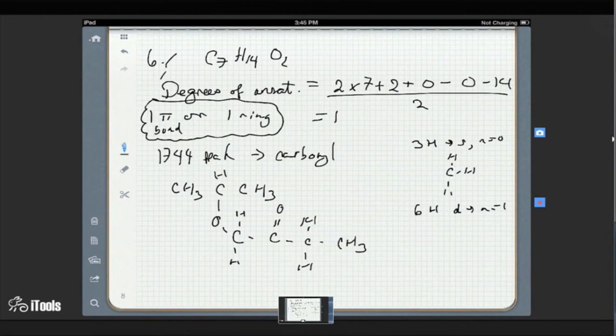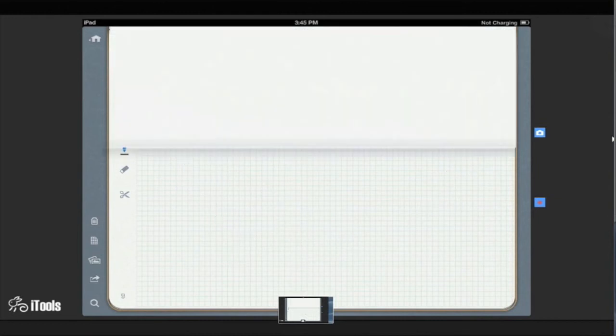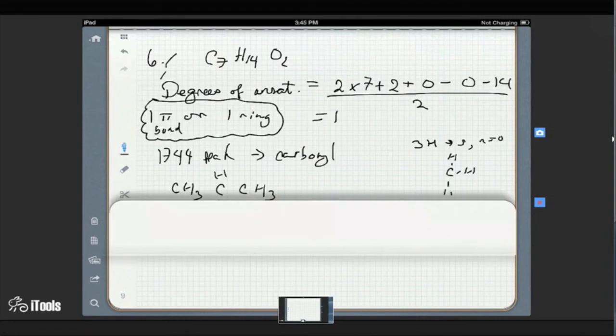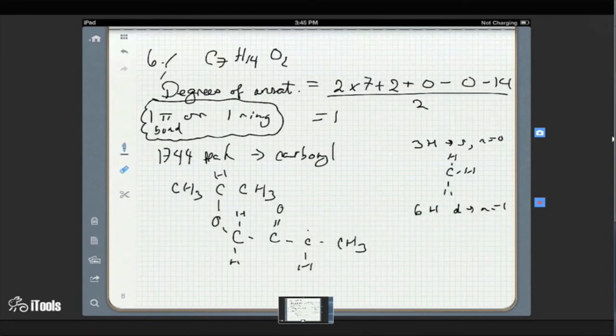Okay, this is my final answer. So what I did is I made a ketone and then an ether to burn carbons. Does this make sense?